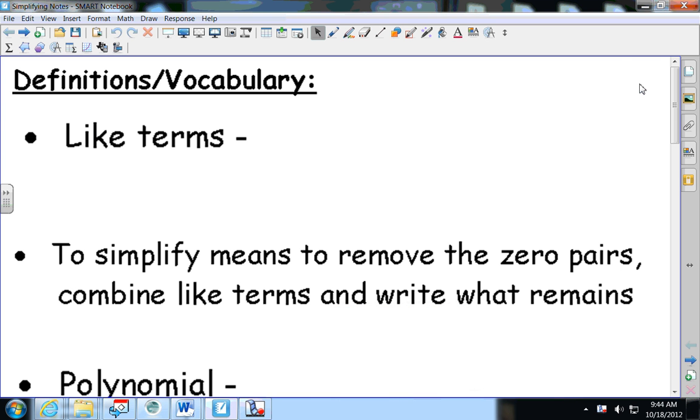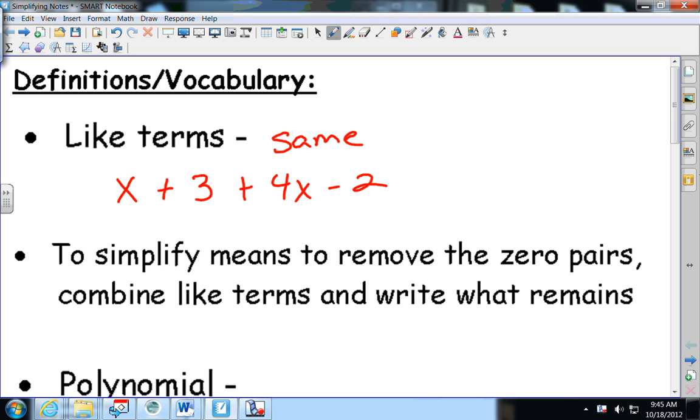All right, when we're looking at the definitions in the vocabulary, like terms are the things that are the same. They're going to be examples like if I have x plus 3 plus 4x minus 2. Each one of these is called a term. This one has 4 terms.